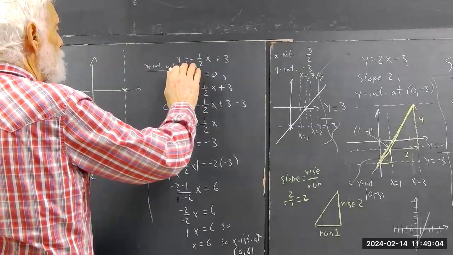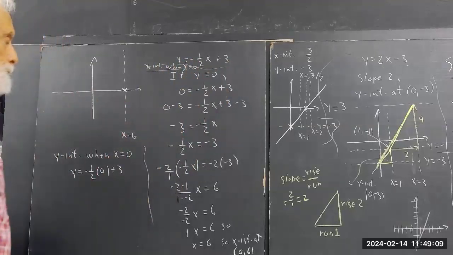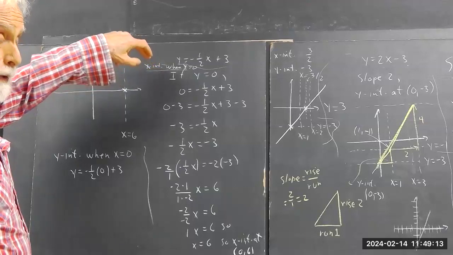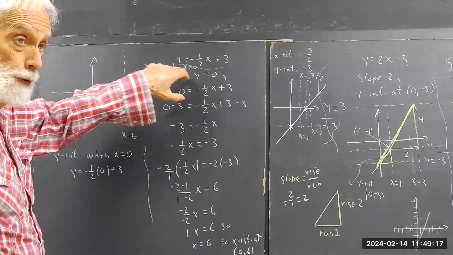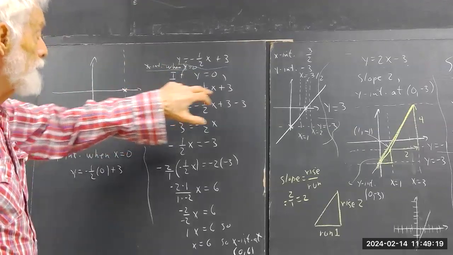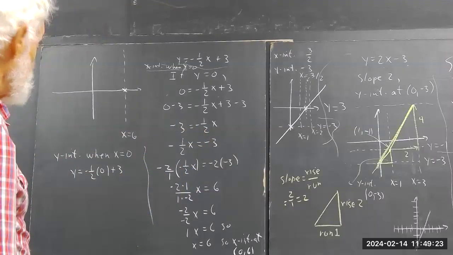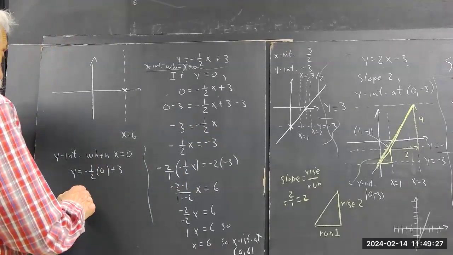X-intercept when y equals 0. So you can't probably read that from the back, but just to be consistent with what I'm saying, write it out and then say, okay, if y equals 0, which is a condition for your x-intercept, then we'll get this equation that we can solve for x. And fractions are a fact of life.